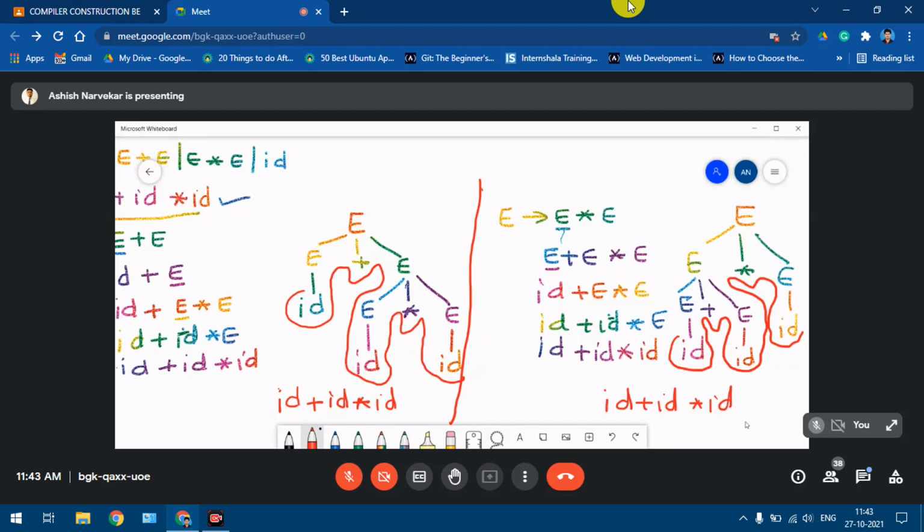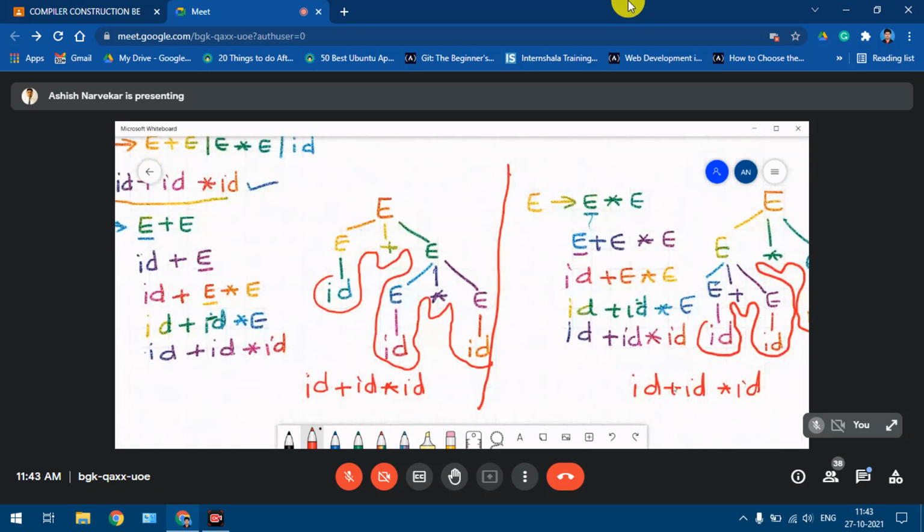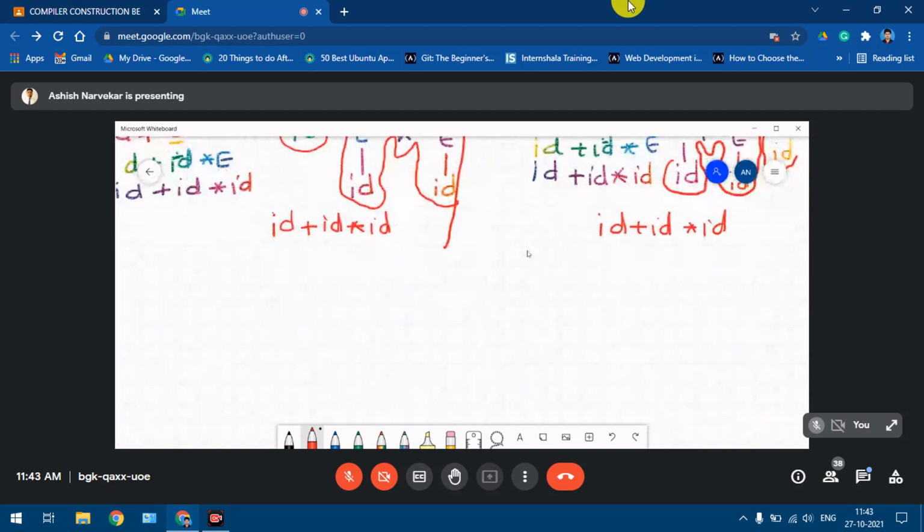Since both the parse trees are yielding the same string, that means whatever we have done is correct. So in short, for this particular grammar, for a particular string that we considered, two parse trees have been generated. In this scenario, such a grammar is called an ambiguous grammar. So the grammar that is given to us is called an ambiguous grammar. That's what the topic is. So the topic is ambiguity in grammar.